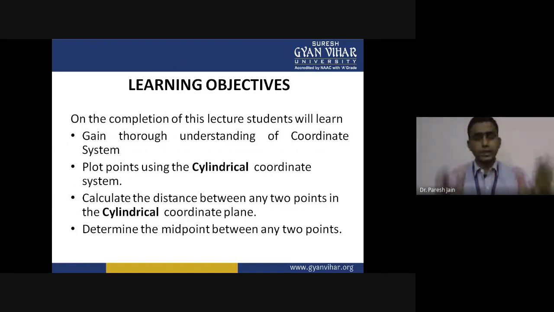So these are the main learning objectives of this lecture. A student will be able to solve cylindrical coordinate system related problems after watching this lecture, and will understand the cylindrical coordinate system for electromagnetic waves.